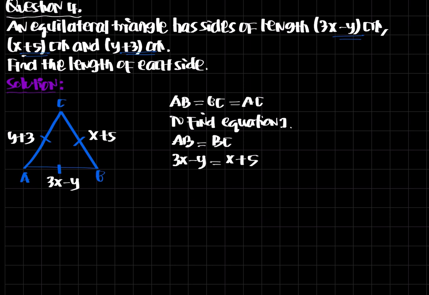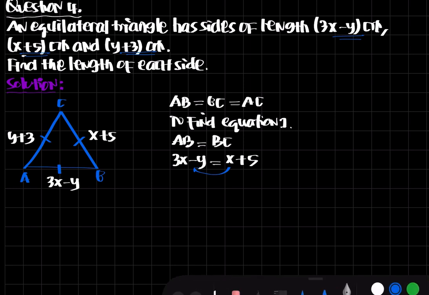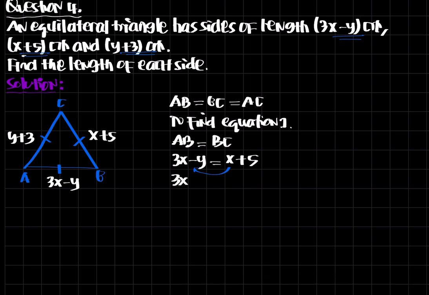Then now rearrange. You move this, right? Then you will find the equation 3x minus x minus y equals 5. 2x minus y equals 5. So that's the first equation.